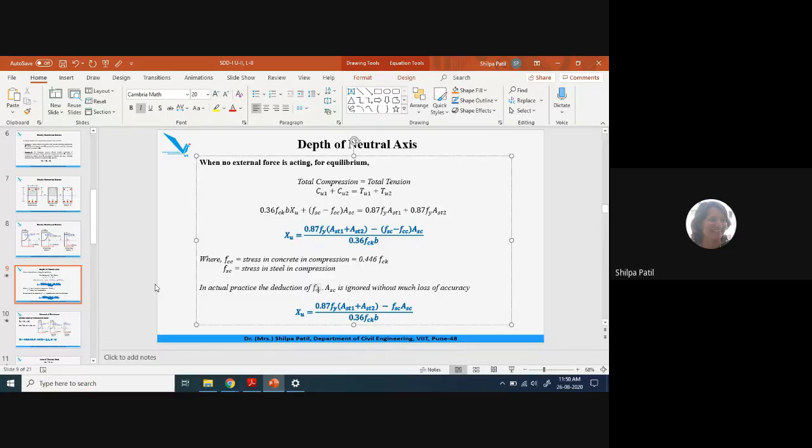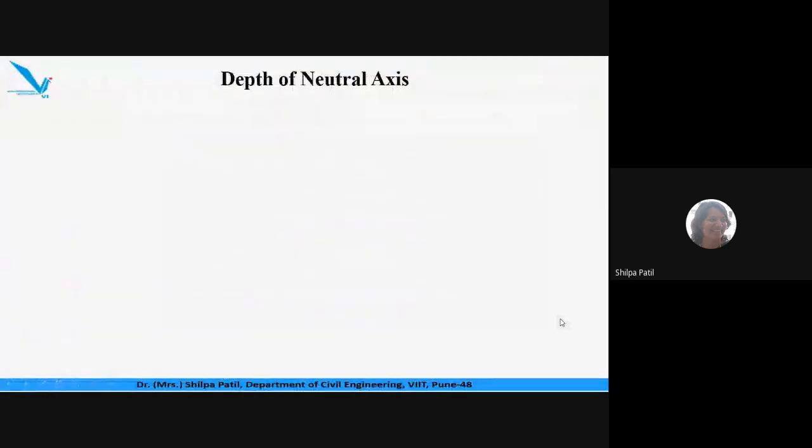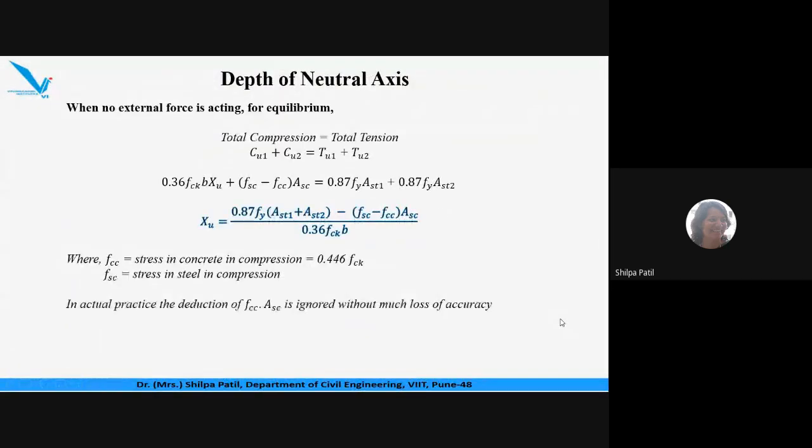This fcc term is ignored. So fcc into Asc, this multiplication is ignored in the calculation because that value is very, very small.